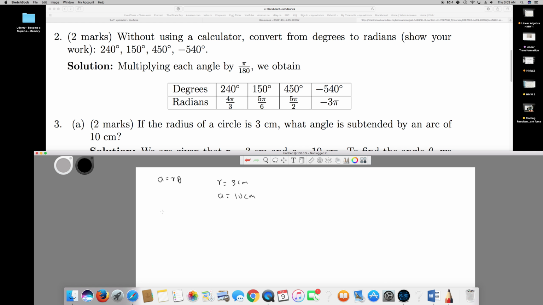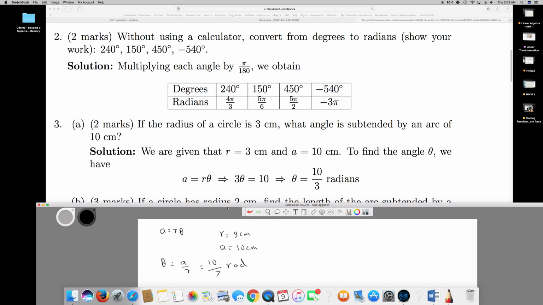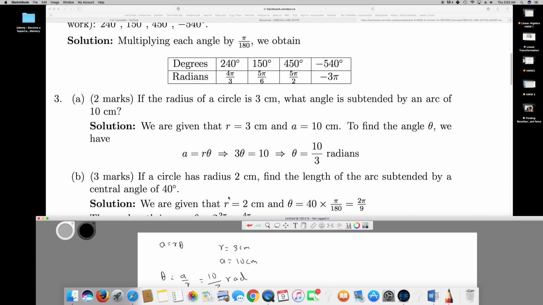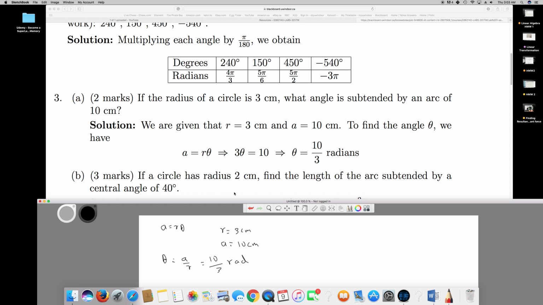So in order to find the angle, I have to change this equation into theta is equal to A over r. A is 10, r is 3, so 10 over 3 radians is the answer.